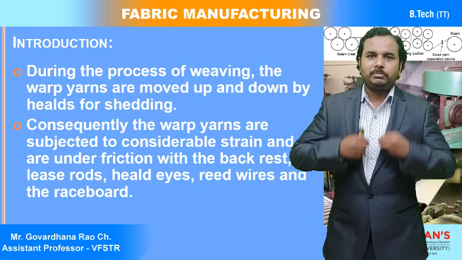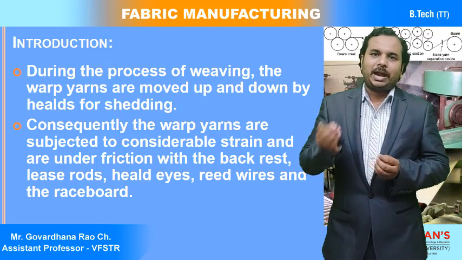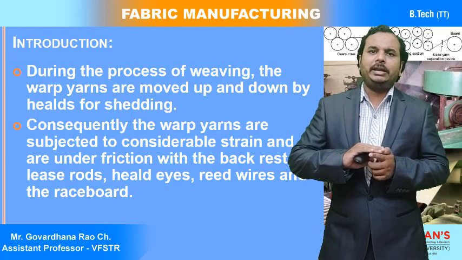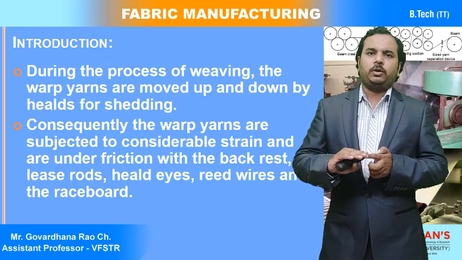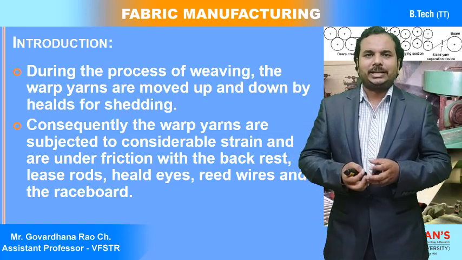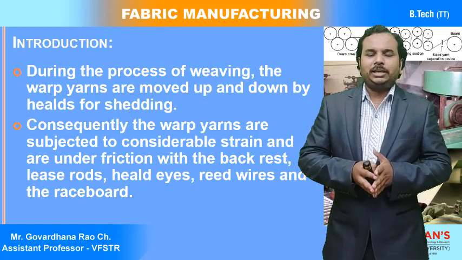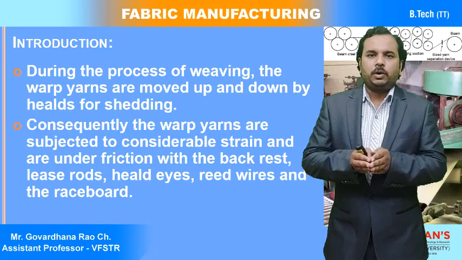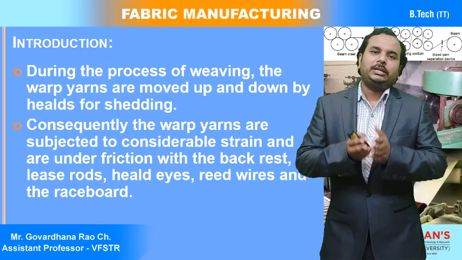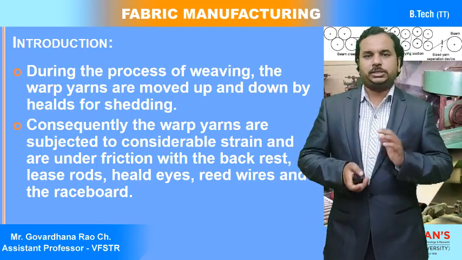So we need to add some strength to the yarn by adding some ingredients, or by film coating some ingredients onto the yarn surface, so that we get some tensile strength, and after sizing the yarn gets more strength, so that the stresses or strains applied in the weaving process can be resisted.